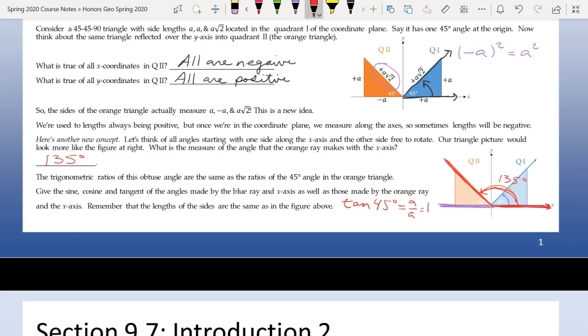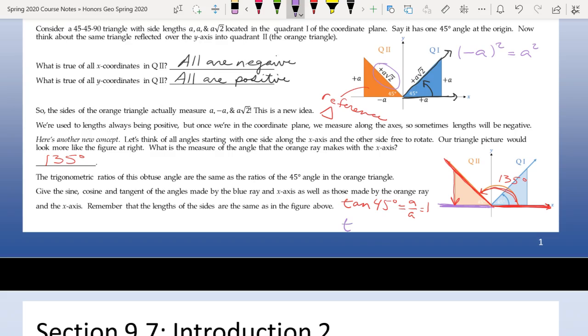But if we look at the tangent of the 135-degree angle, we're now looking inside the orange triangle. In fact, we call the orange triangle a reference triangle, because it's the triangle that would be created if we took our 135-degree angle and created an altitude in the second quadrant for that.